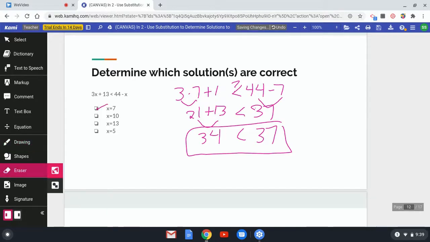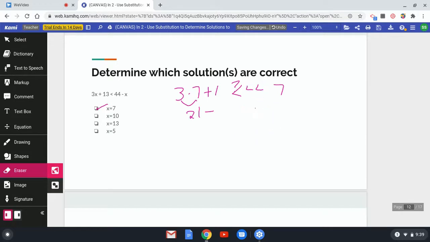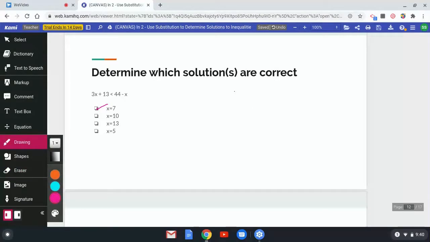Then I've got to erase my work or write smaller. Or if you feel comfortable, you could do it in your head. But mathematicians show their work so that they can prove that they're right. So let's try 10. 3 times 10 plus 13 is less than 44 minus 10.